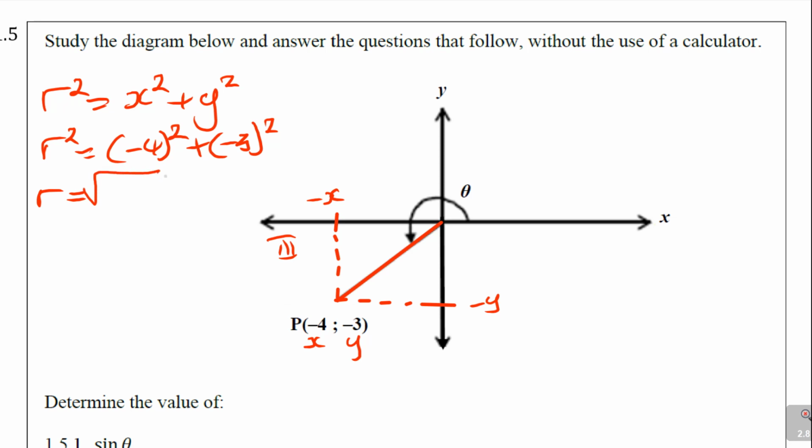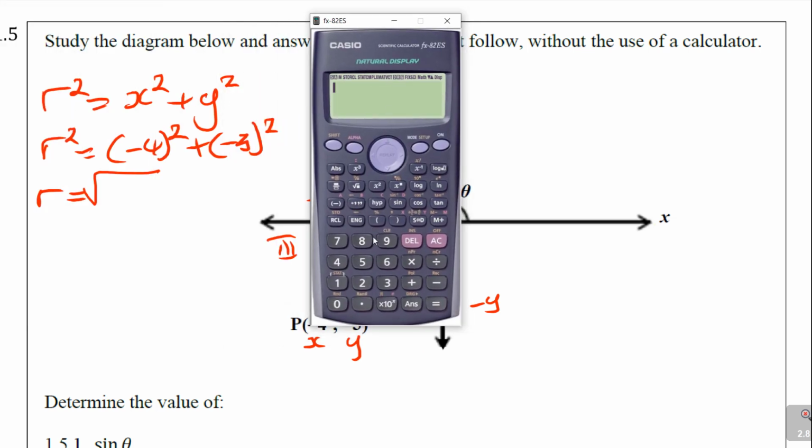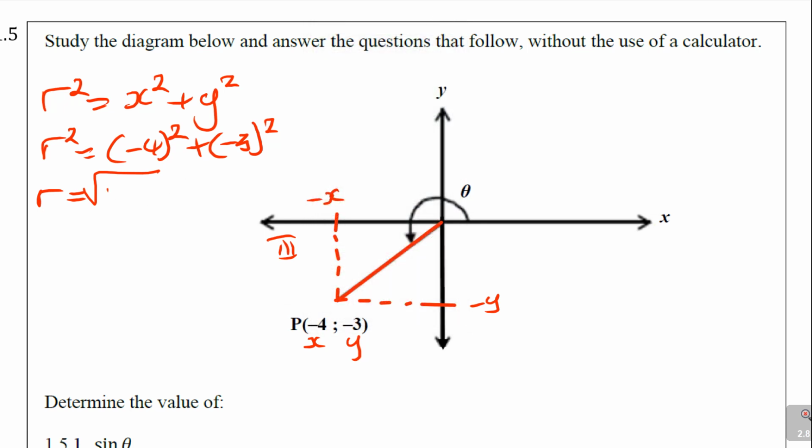I can leave out now that plus or minus. So r will be square root of bracket negative 4 squared plus negative 3 squared, you can see that this keeps on giving us 25. Square root of 25, and then what is r? r is 5.